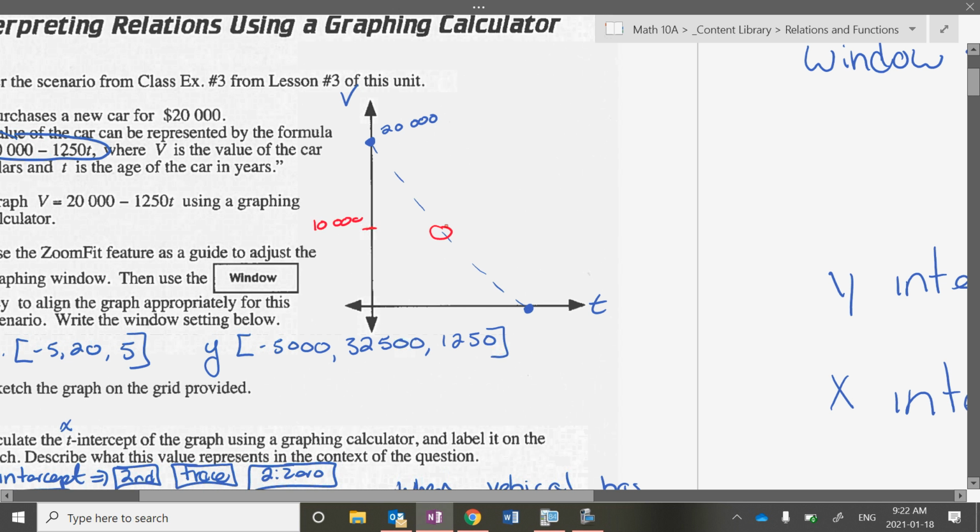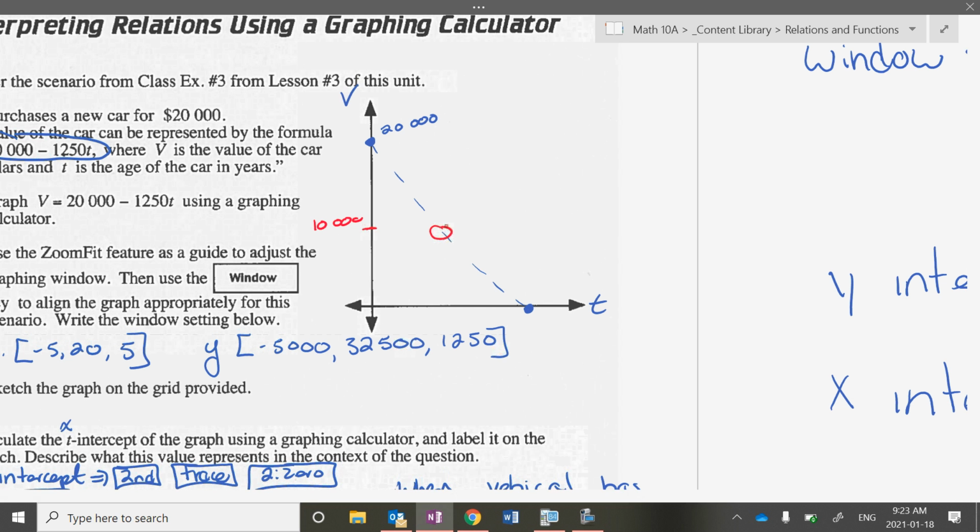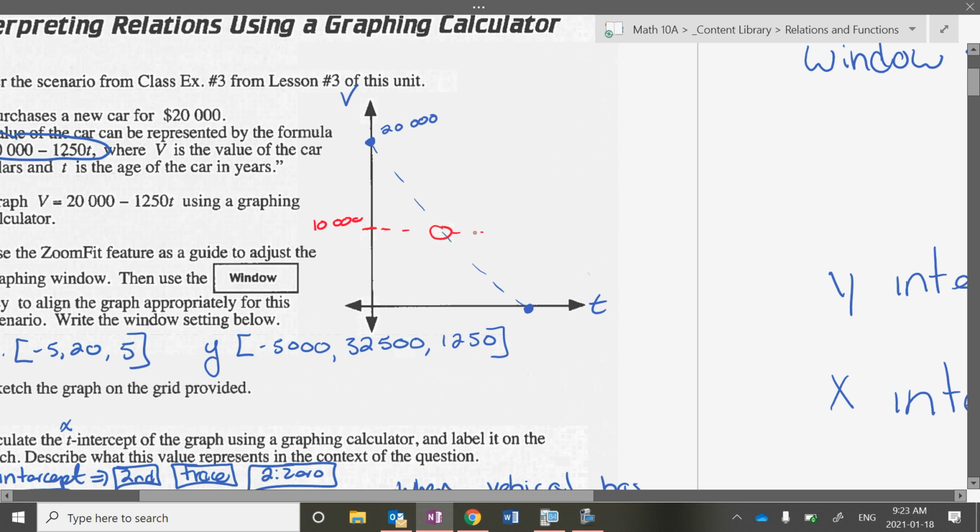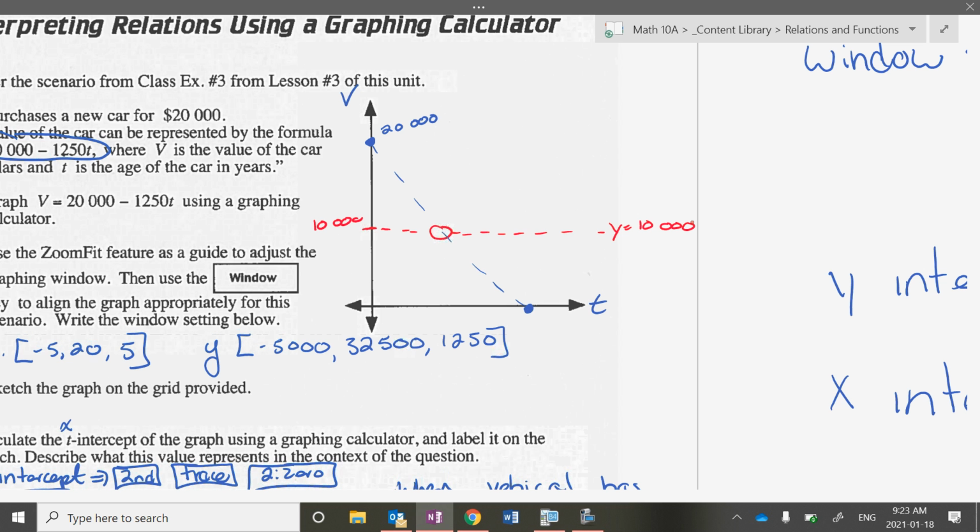To do this on your graphing calculator, it's not as slick as when you're given your x value. If I had a nice perfect horizontal line right here, what would the equation of that line be? Good, right on, y equals 10,000. There's no x value. All of the y's on that straight line are 10,000. x is changing, but all my y values are 10,000.